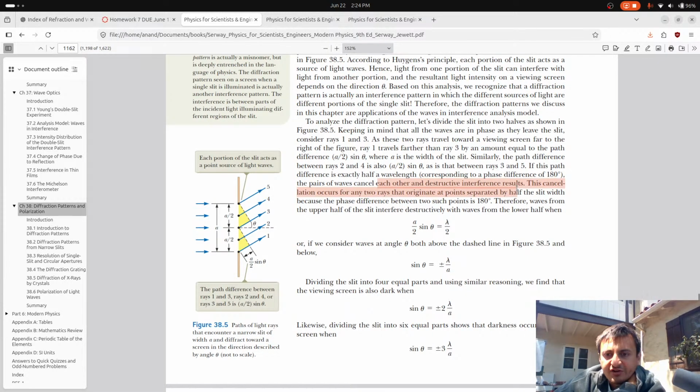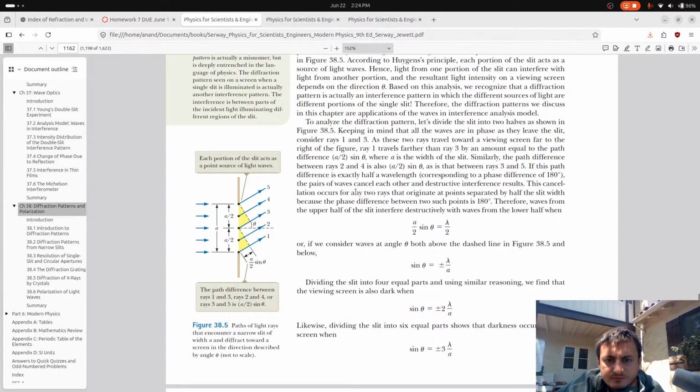A destructive interference results. This cancellation occurs for any two rays that originate at points separated by half the slit width, because the phase difference between two such points is 180 degrees.